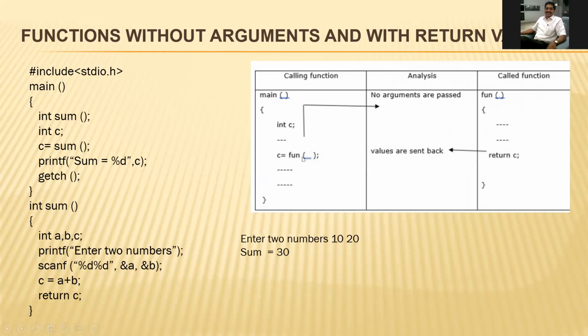Now this function is called here. We are mentioning that the main function is a calling function, and the function which is written at the right hand side is called the called function. Now this function is not getting any arguments from the first function, that is the main function.